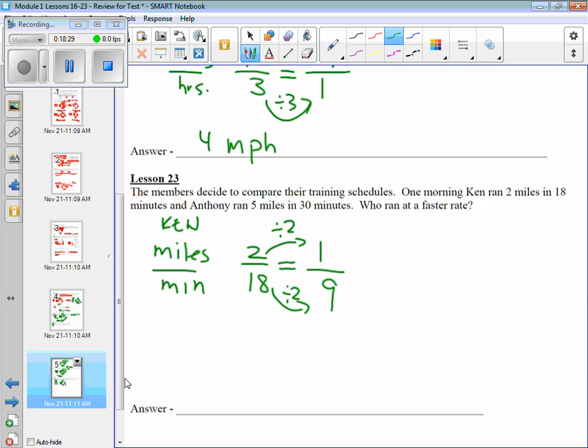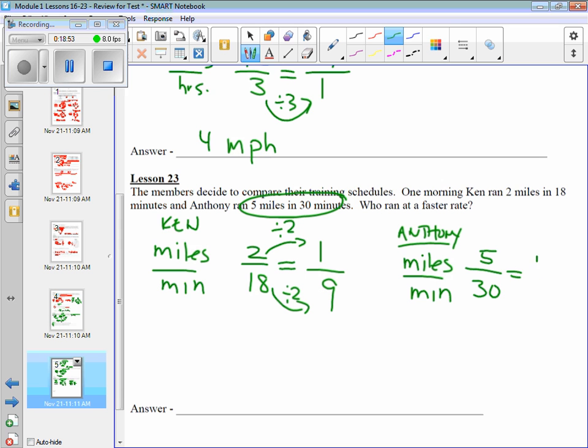Anthony. I'm assuming it's the same Anthony from problem 1 because, as you'll see, his mile to minute ratio is exactly the same as it was in the first problem. But let's just be sure. Division factor of 5. And sure enough, we do get 1 to 6. Who's running at a faster rate?